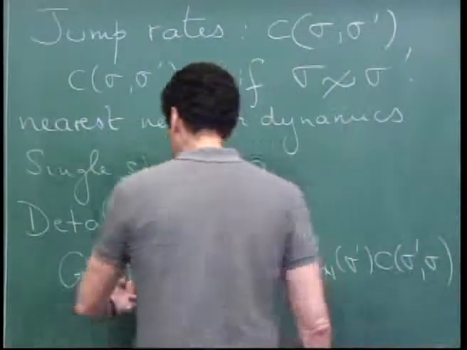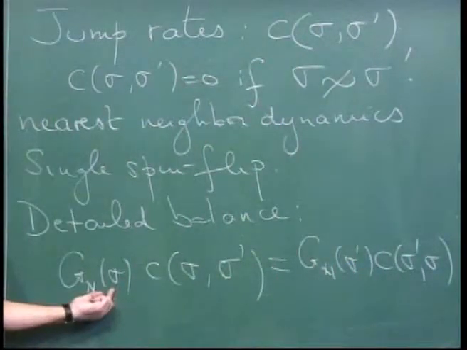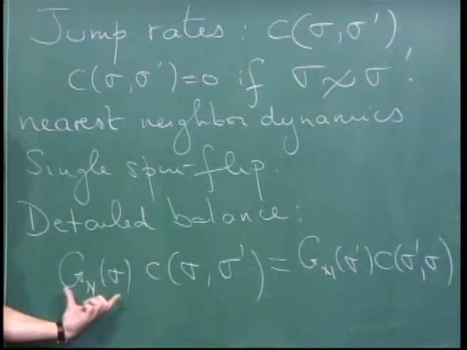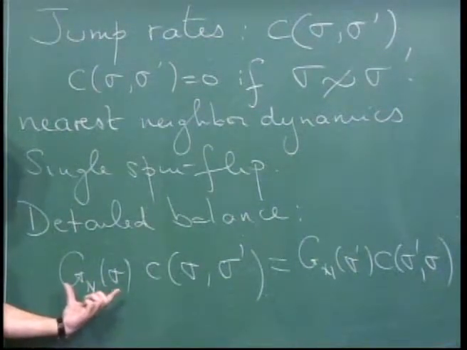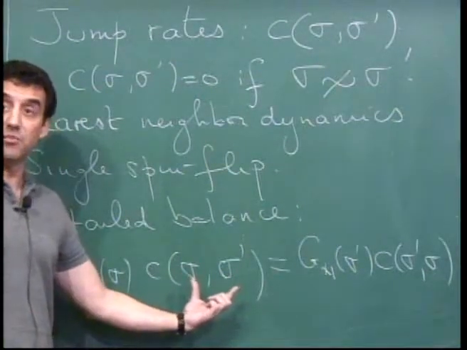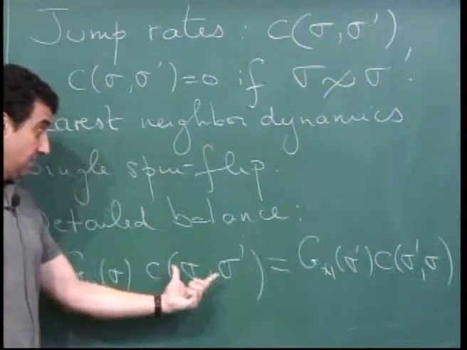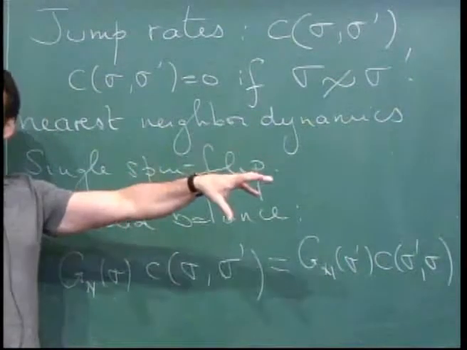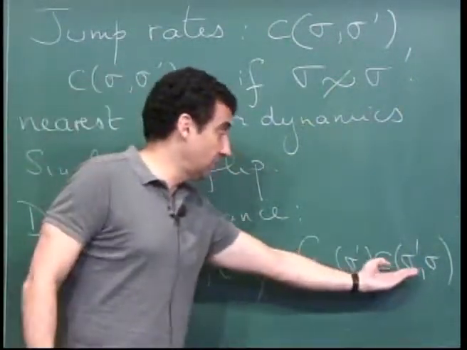So you see what it means. If you weigh a vertex by its Gibbs weight, and you multiply by the rate at which you move from sigma to sigma prime, a neighbor of sigma, then this flux, if you want, should be the same as if you do it in the other direction.